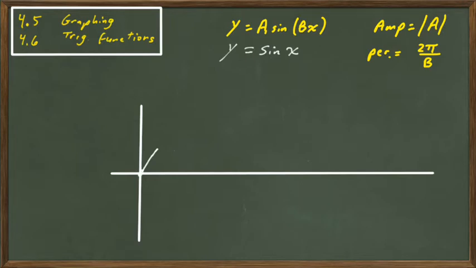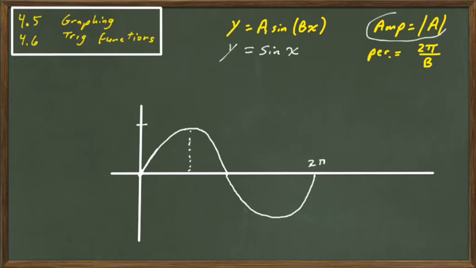The sine wave will start at the origin. It'll go up to its maximum, down through the x-axis, and then back up. It will complete its cycle in 2 pi. It has an amplitude. This is the amplitude. That happens to be the absolute value of A. A is 1.